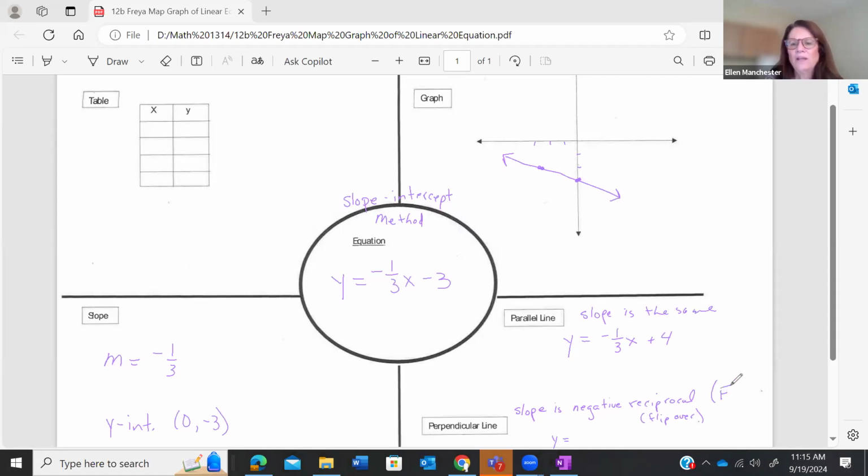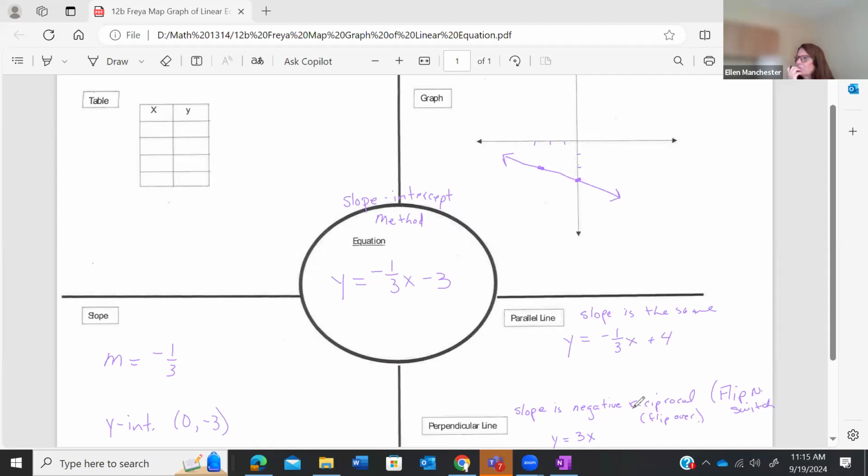So you can add in flip and switch. That's perpendicular line, always a flip and switch. So I flip it over, it becomes 3/1, which is just 3. It was negative, now it's positive. And I can leave it at that, y equals 3x. That works. The y-intercept is 0, and then my slope is 3.